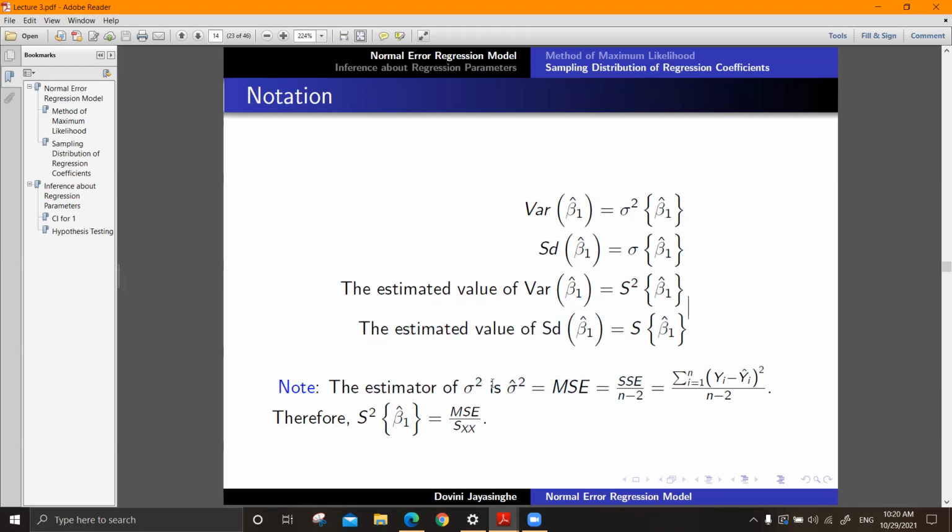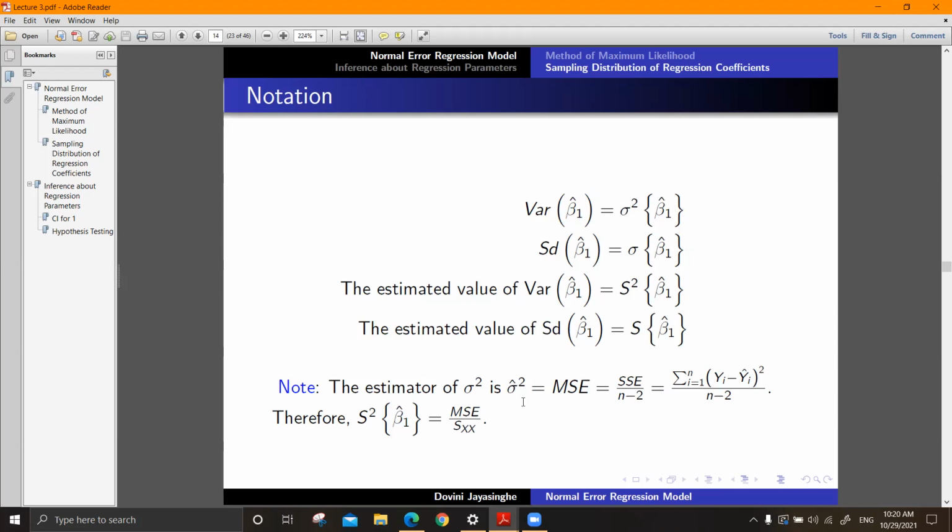The estimated value of the standard deviation of this is simply the square root of this. So you don't have to study all these things. It's enough studying the first statement and the third statement, because the second and fourth are basically the square root of the first and the third respectively. So it's not studying, just get used to this notation.